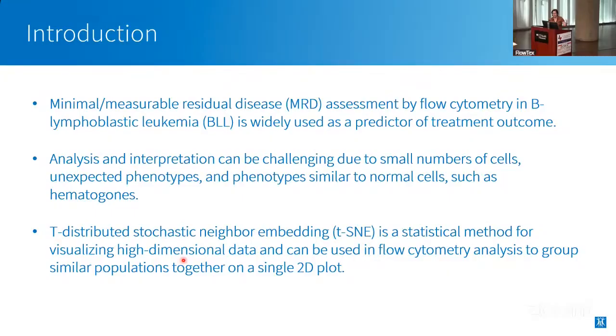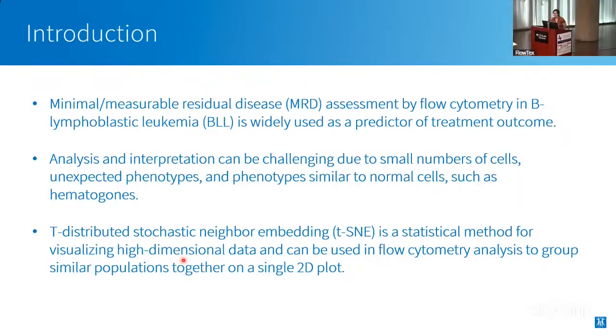So we all know that MRD studies are important, but what I want to drive home is how challenging they can be. They're really tricky to analyze and interpret for a number of reasons. In our lab, we're collecting 1 million cells, and you're looking for a really tiny population in those 1 million cells.